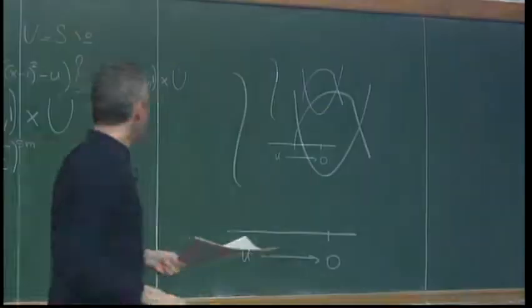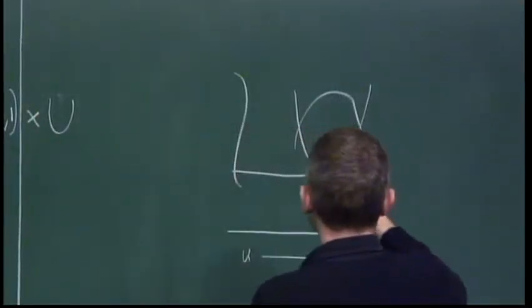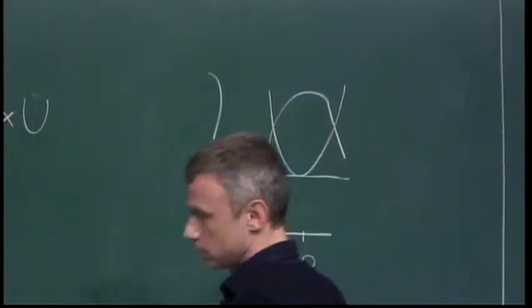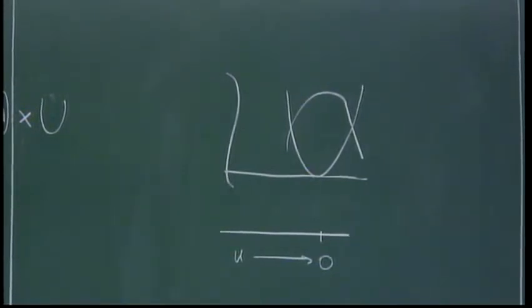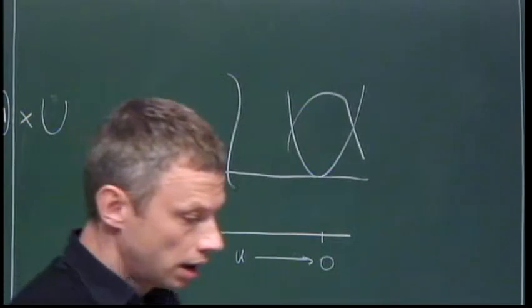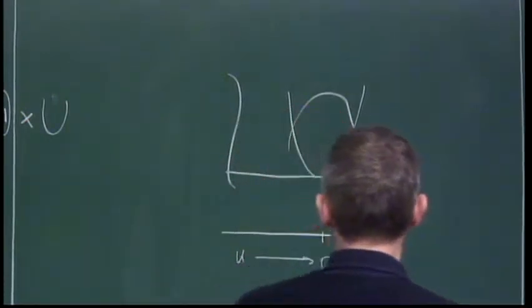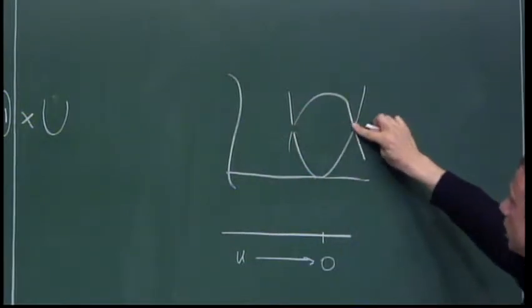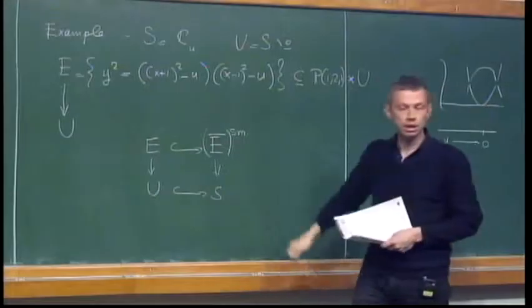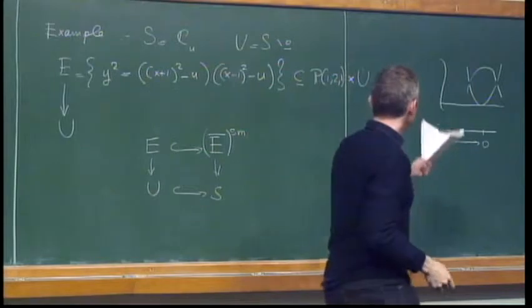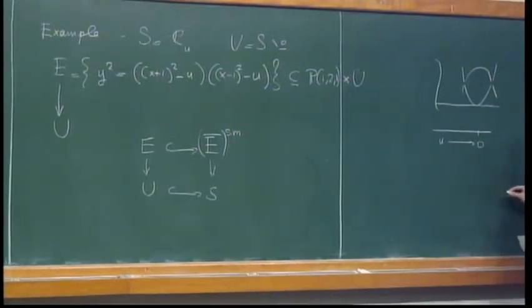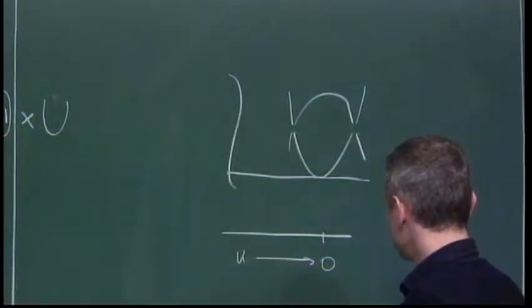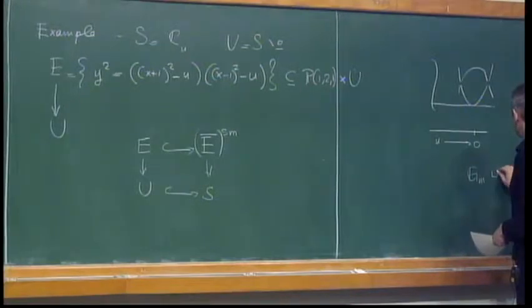Of course, you have a distinguished section specifying the identity element. Of course, this is not a group because of the singularities. But if you remove the singularities, which is what I have done here, then you get a group. And the special fiber at 0 is nothing but 2 copies of C star, G_m union G_m.